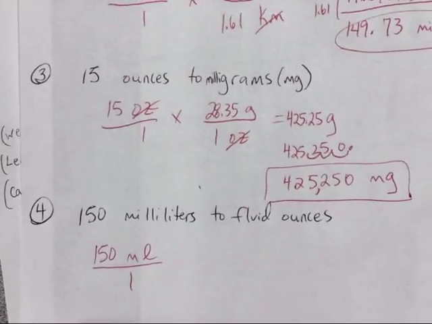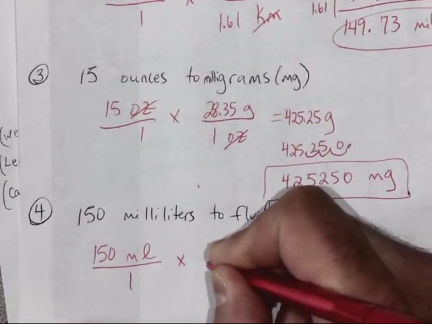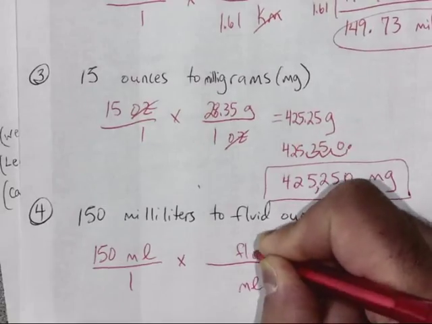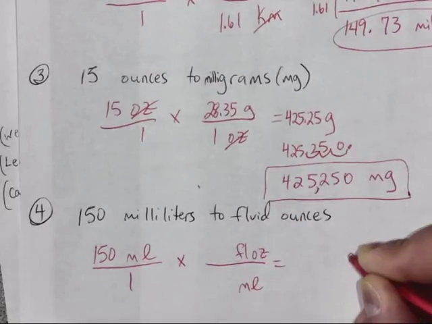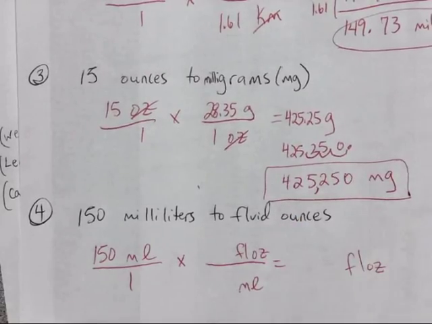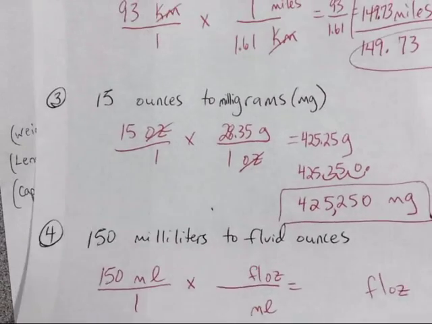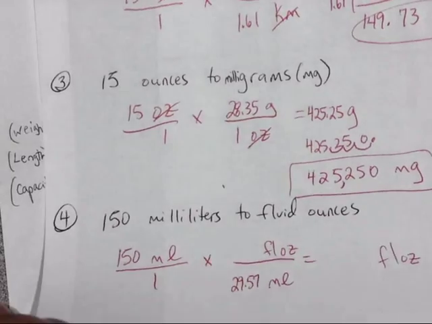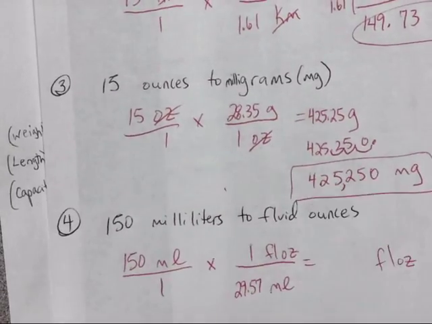Oops, there we go. Times. We want milliliters on the bottom, fluid ounces on top. That way our answer is in fluid ounces. So we use that conversion: 29.57 milliliters is equal to 1 fluid ounce.